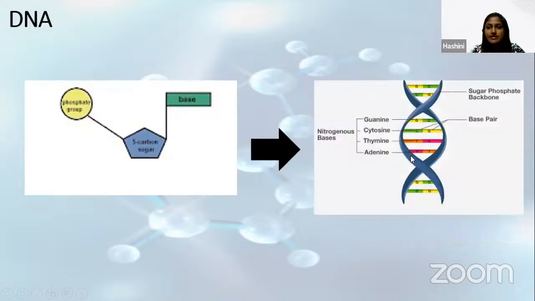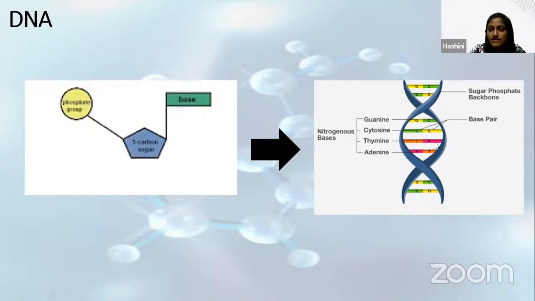But you can see DNA. We can demarcate RNA and DNA because of this sugar group. So this DNA contains deoxyribose sugar, and the deoxyribonucleic acid has 2 strands.